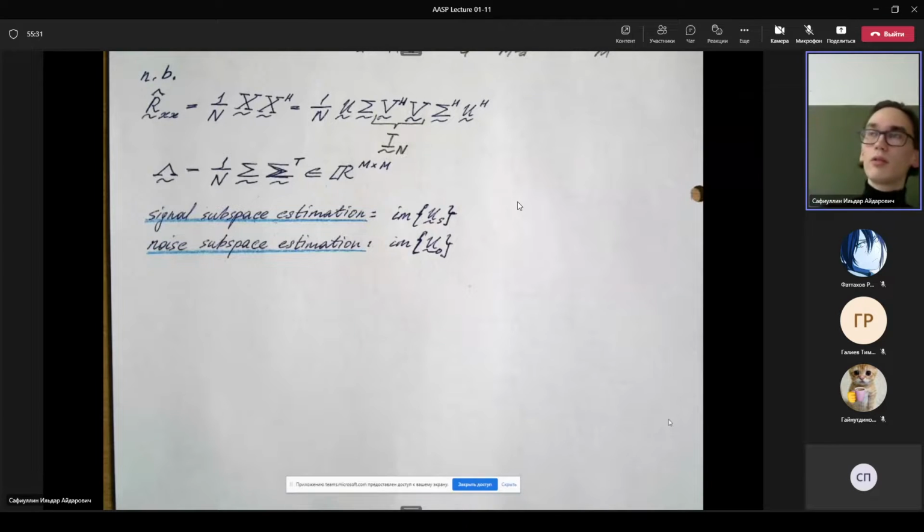We say this one should be of this size and this one of this size. But now when we talk about the subspace estimation, we talk about only the estimation. So sometimes we can estimate it, for example, original d is equal to 8, but we estimate that it is equal to 9 or it is equal to 6, but the true number of sources is equal to 8.